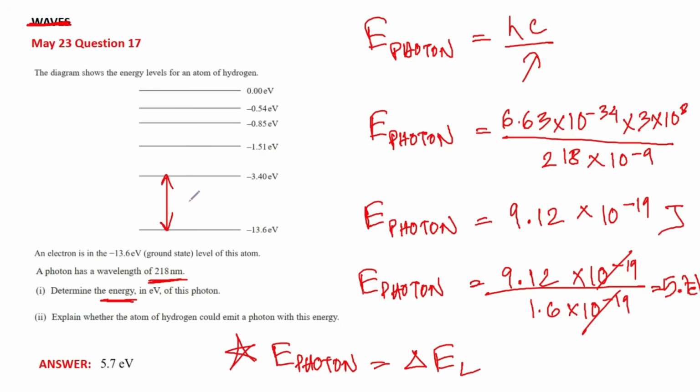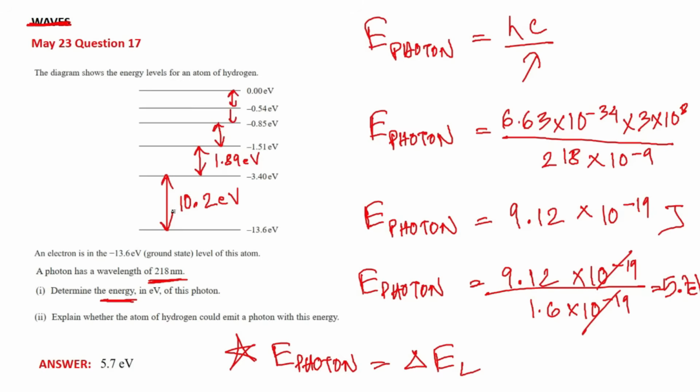is 10.2 eV. If you find out this difference, it's 1.89, and if you go up, you'll see the difference keeps on getting smaller and smaller.